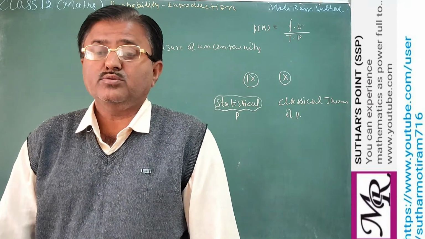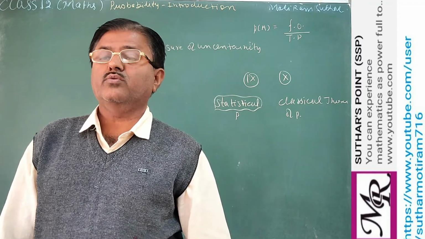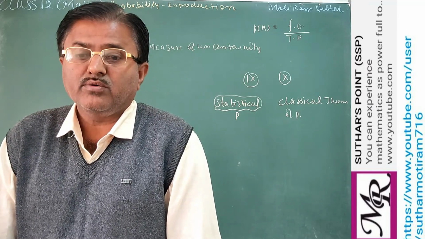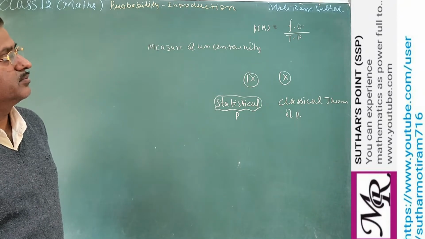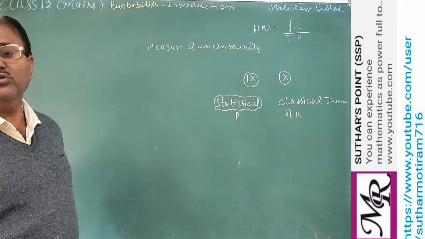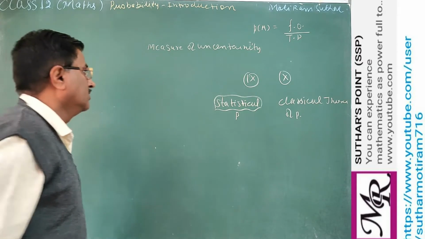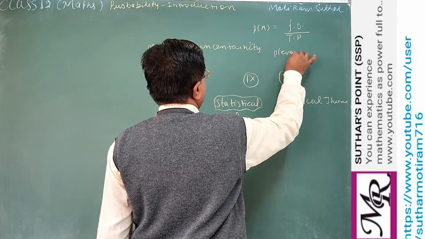So in that case we are saying that each event has equal chance, or equally likely outcomes. If the events have equally likely outcomes, one can find the probability.